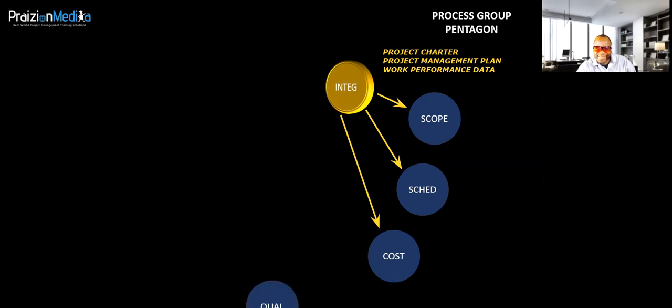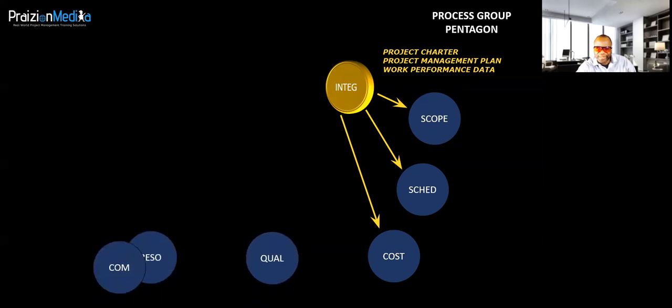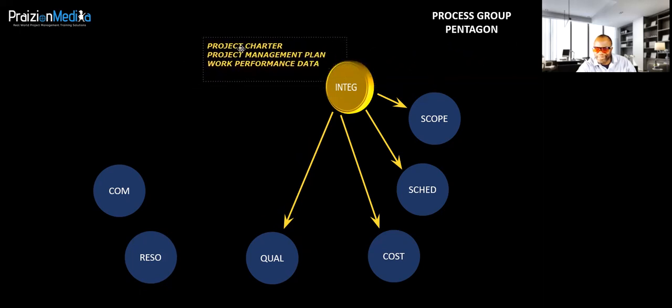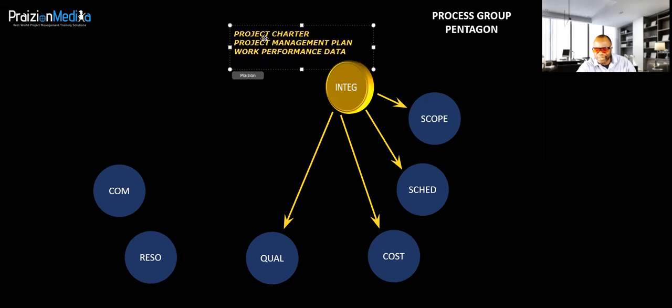And that same pattern is what you realize from integration to quality. Same thing, you will find project charter, project management plan, and work performance data as being used in all these places. What about resources?